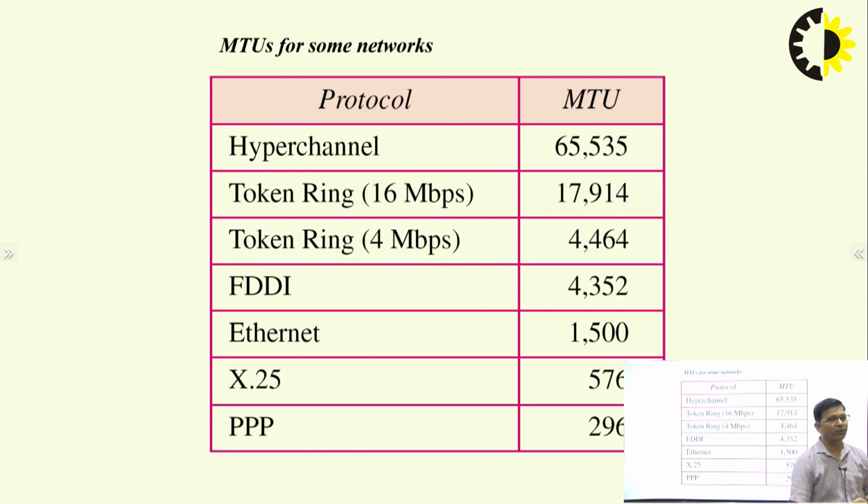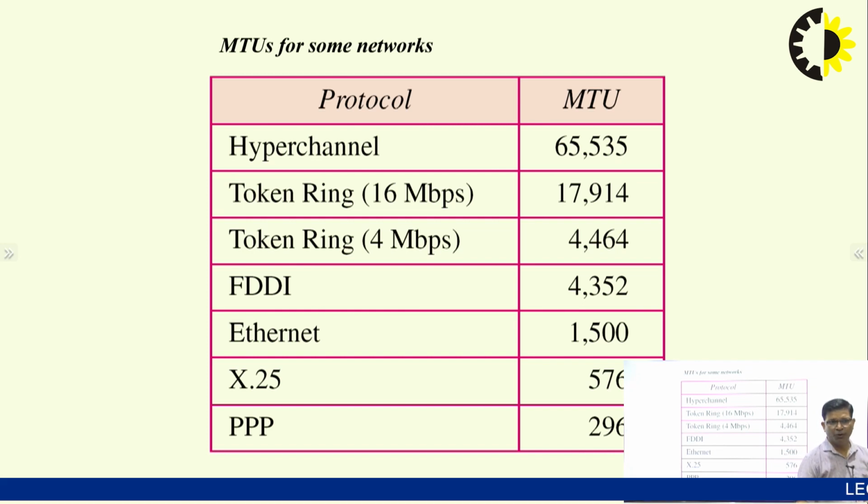FDDI is 4352, Ethernet 1500, X.25 576, and PPP 296. Currently in daily life we use Ethernet, FDDI, and token ring at 4 Mbps and 16 Mbps.